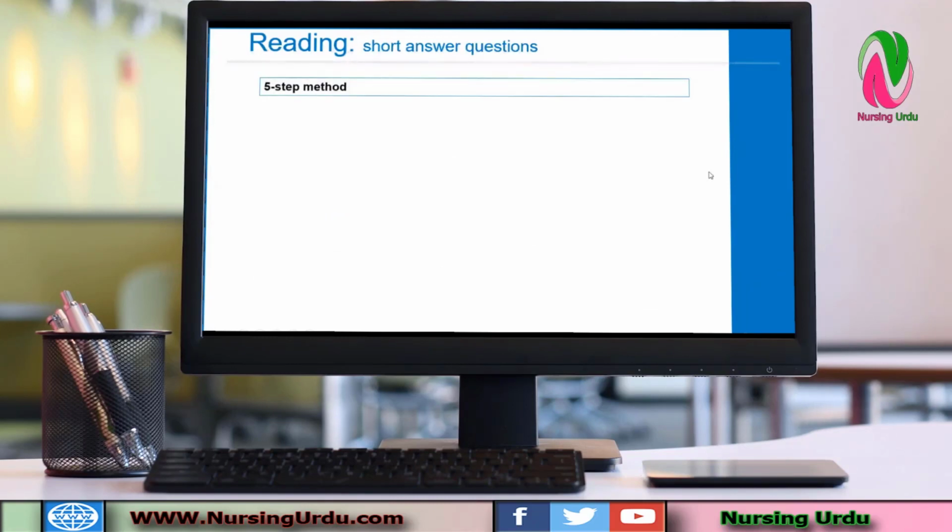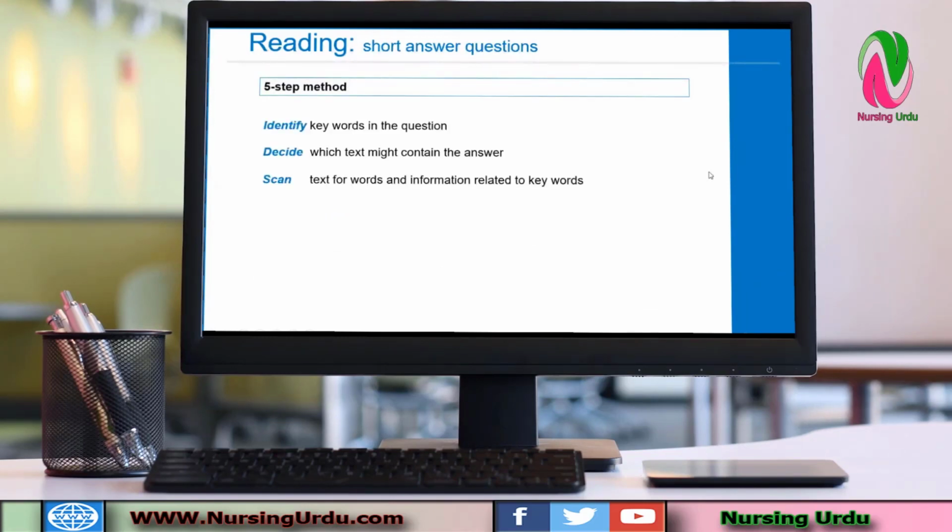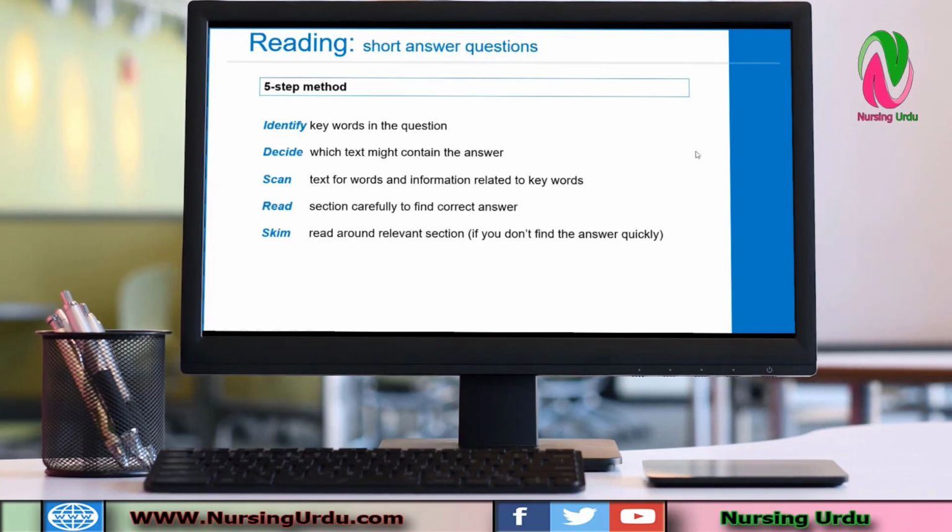So you need to be very clear, and there is a 5-step method that you need to observe for this section of the reading. So now we've moved away from the first 7 questions. We're going into the short answer section, and this is where we go initially to start with the questions, okay? So we're starting with the questions. We need to read the question and identify key words in the question. So words that carry content and important meaning.